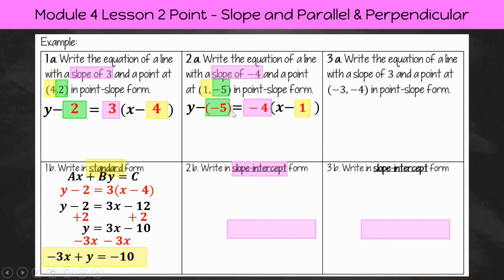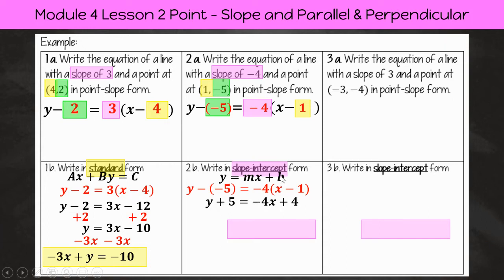Now, if I don't want to leave it in there, or if the question requires that I write it in slope-intercept form, that's going to be pretty simple. I'm just going to simplify the equation that I was given. So y minus a negative 5 equals negative 4 times x minus 1. Well, this negative and a negative, I can rewrite as a positive 5, is equal to negative 4x.